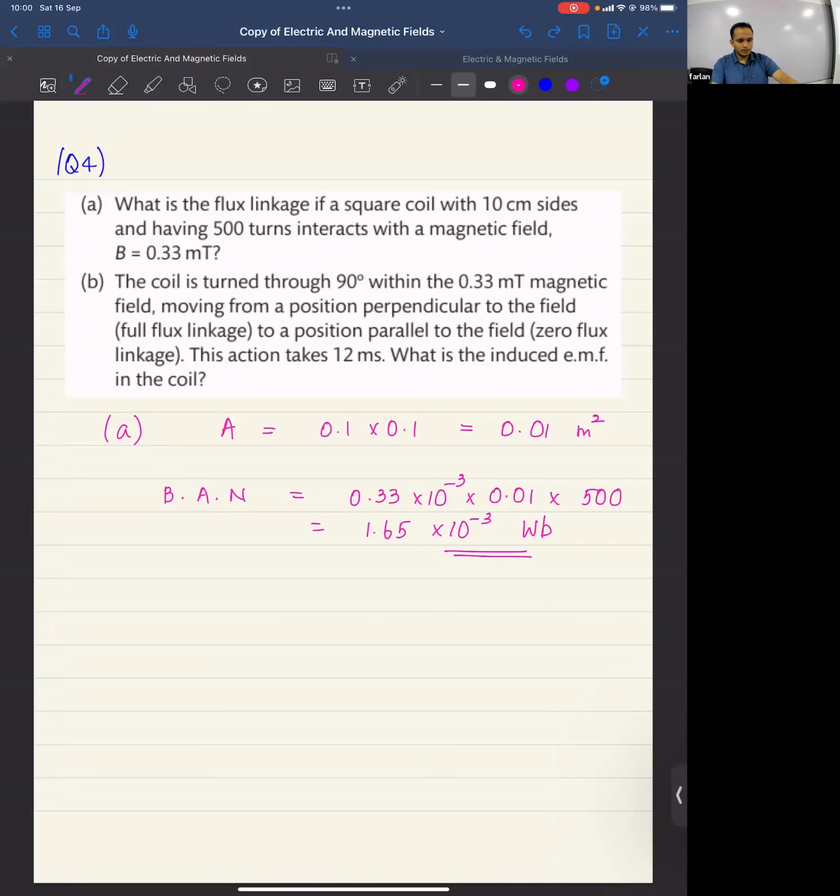So B is 0.33 into 10 to the power minus 3, A is 0.01, N is 500. That will give you 1.65 into 10 to the power minus 3 Weber. Have you got that value? Magnetic flux linkage. Now it's a square coil.